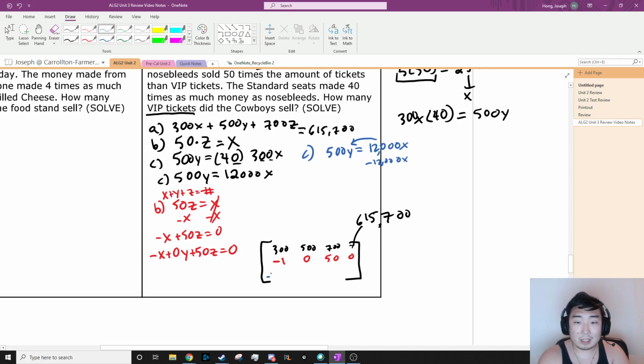So this would be negative 12,000x plus 500y, and I don't have any z's in this equation, right? So I would write 0z equals, and I don't have a numerical value, so this is also 0. So this is 500, this is 0, and this is 0.